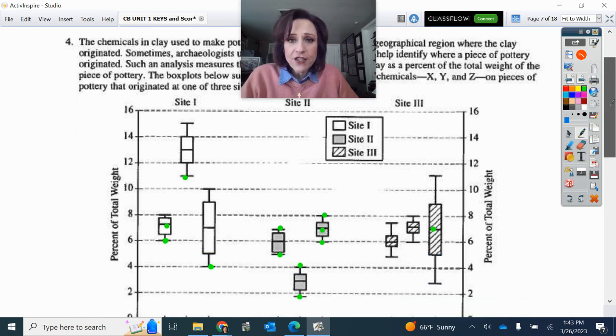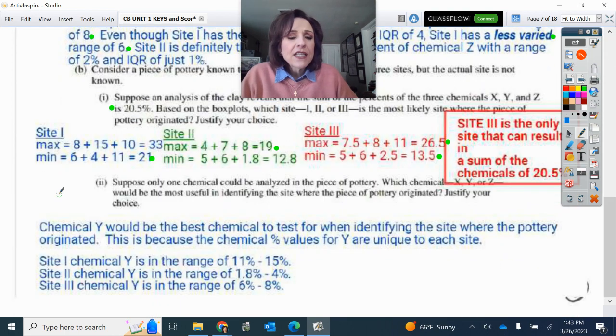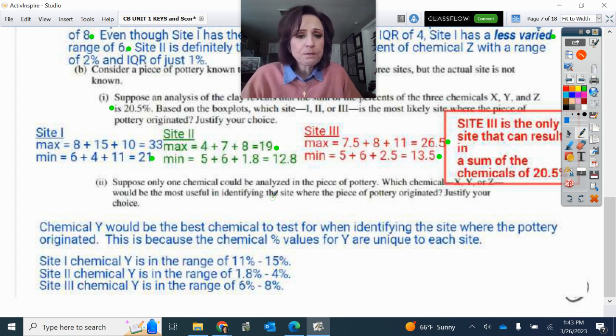Now, the third question says, suppose you could only analyze one particular chemical, X, Y, or Z. Which one should you analyze to distinguish which site that pottery came from? So, chemical Y would have been the best chemical to identify.